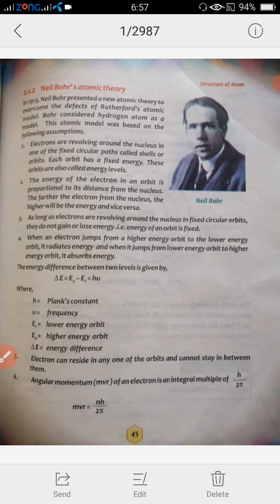It means that when an electron moves from a high energy level to a lower energy level, it will release energy. And whenever electrons release energy, they form a spectrum, which actually shows the release of energy by the electron.